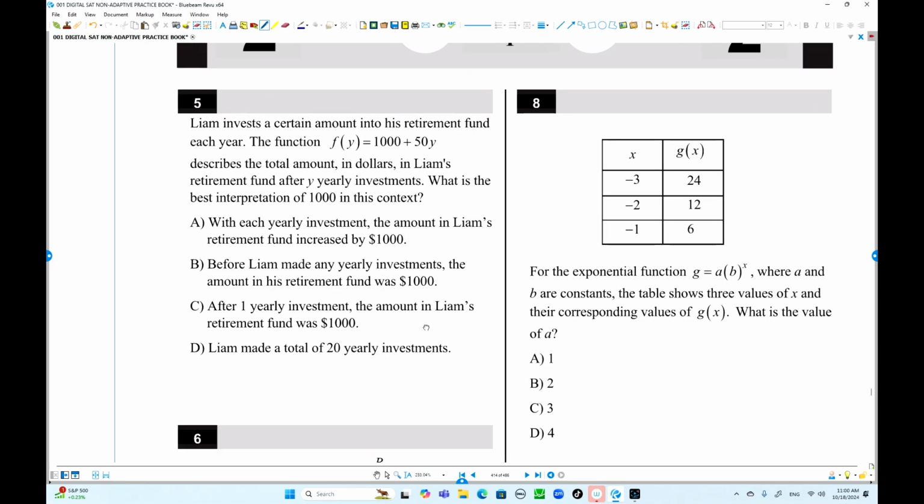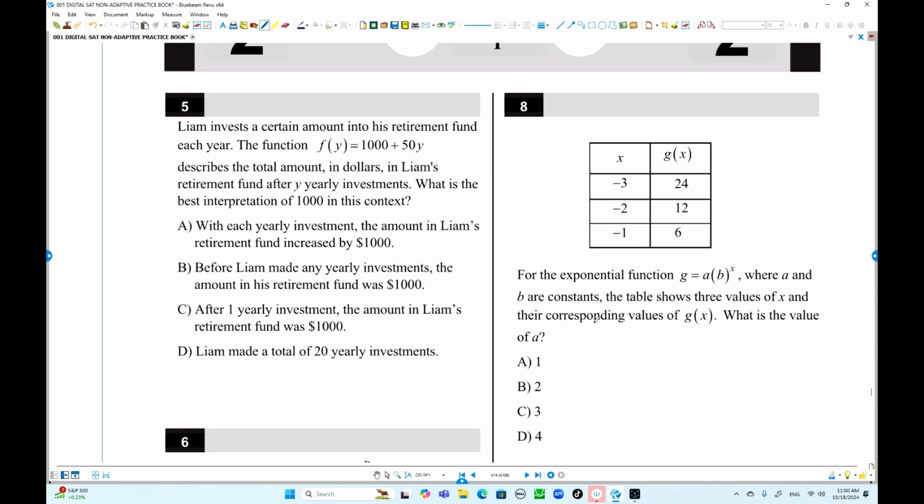Here is number 5. A guy invests a certain amount into his retirement fund. Here is the retirement fund: 1000 plus 50y, where y is the number of years. Every year he puts in $50.